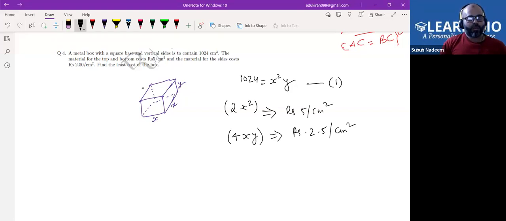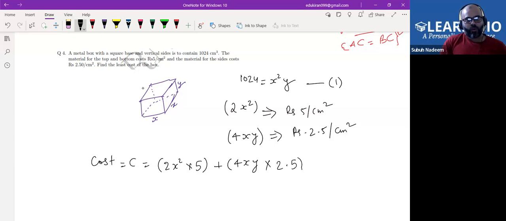So the cost, which is C, is equal to 2x square into 5, that is the cost of the base and the top, plus 4xy into 2.5, that is of the wall. So this is 10x square plus 10xy. This is the cost.